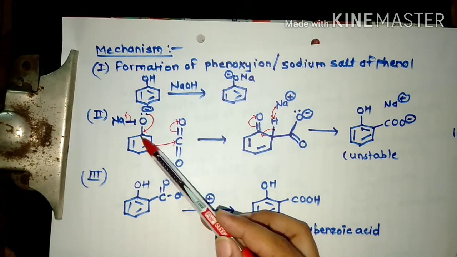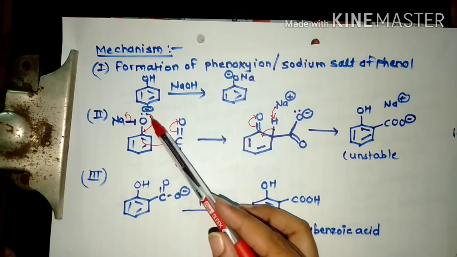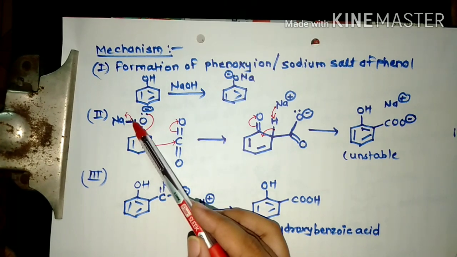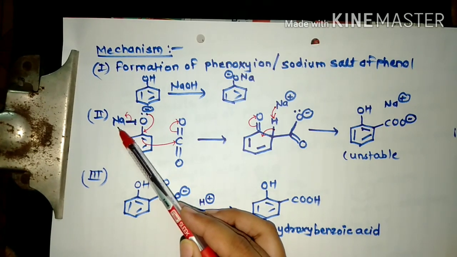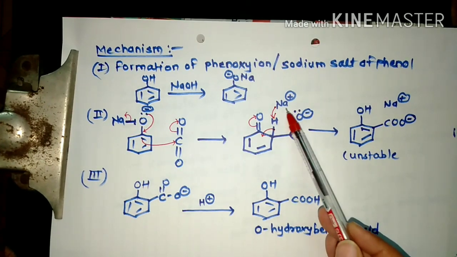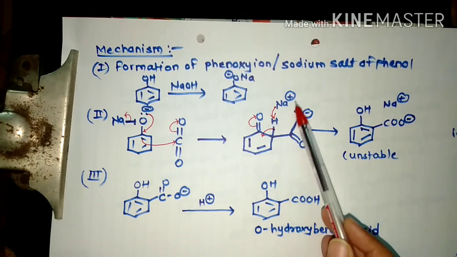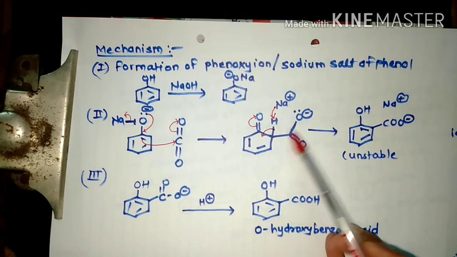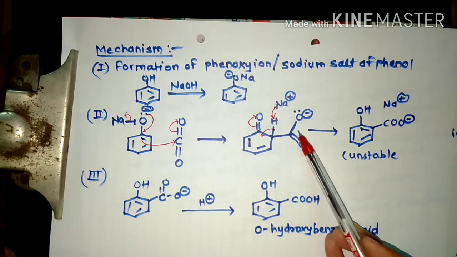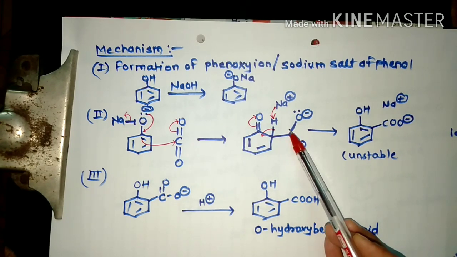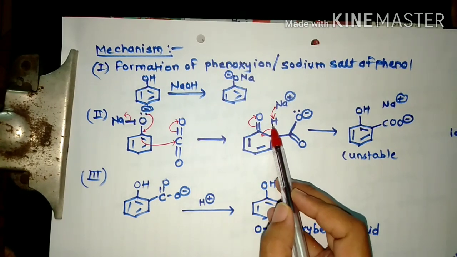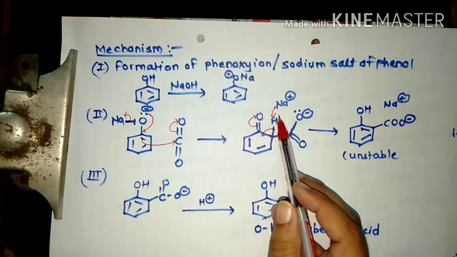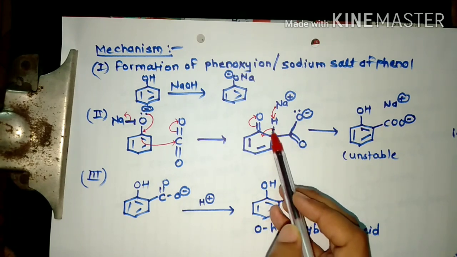So, to stabilize this carbon, the oxygen share its electron and it break a bond with sodium. So, there will be sodium as it is in the solution, and the hydrogen which is there, after formation of bond with this carbonyl carbon, the hydrogen will be dragged by the sodium from here.